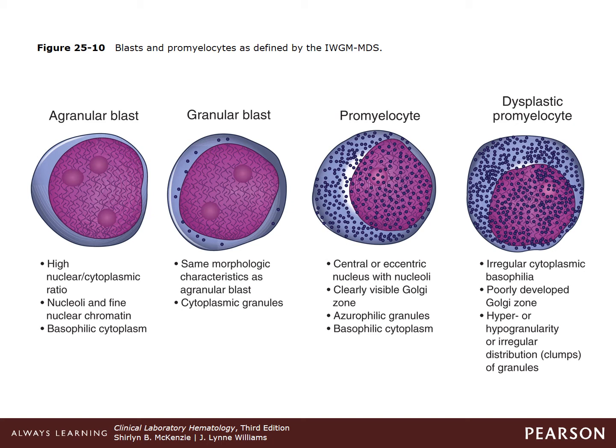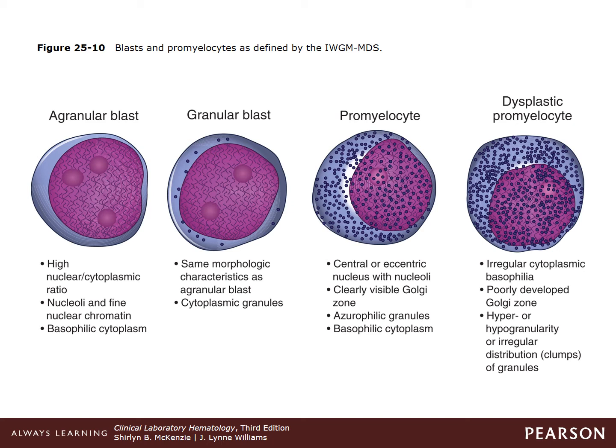Now with the promyelocyte, you want to start seeing a central or eccentric nucleus with nucleoli and a clear visible Golgi zone with those specific granules being present with a basophilic cytoplasm. Now with a dysplastic promyelocyte, you have irregular cytoplasmic basophilia, a poorly developed Golgi zone, and hyper or hypogranularity with an uneven distribution of those granules.